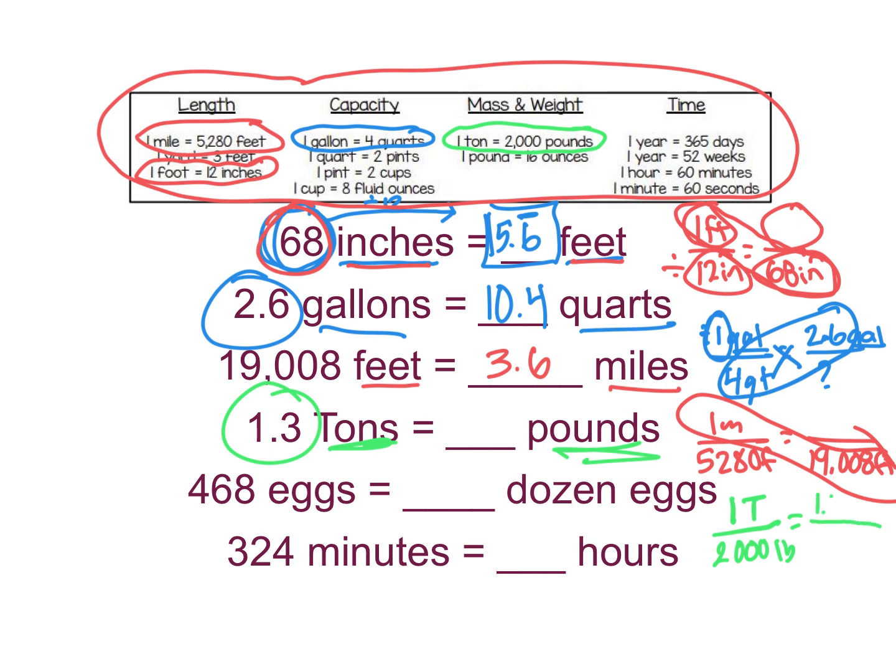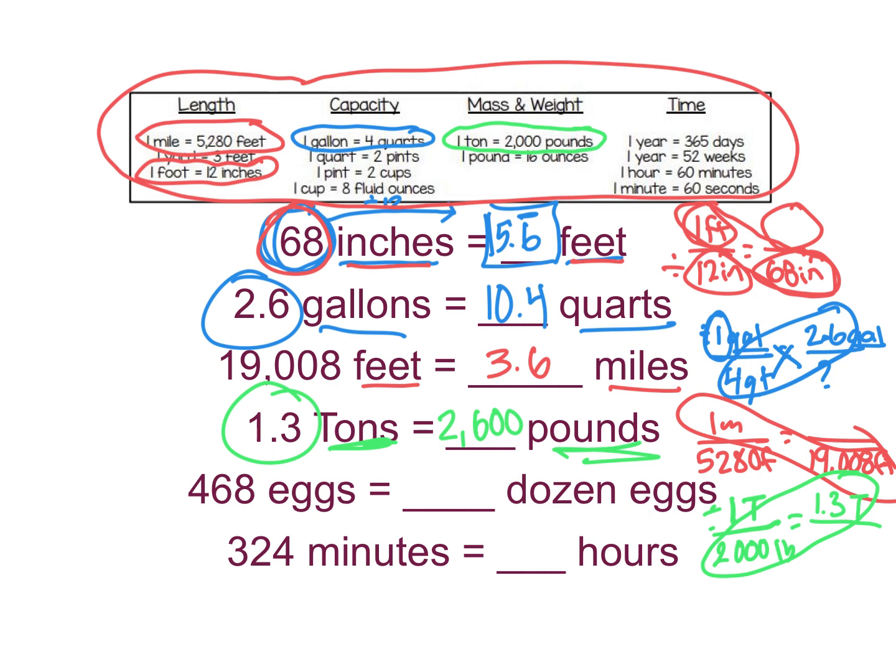So I'm going to put that up on the top to match my tons with my tons, and crisscross multiply, divide by the lonely guy, and I get 1.3 times 2,000. I said times 2 and I wrote times 2. That didn't make sense. Okay, 2,600 pounds.